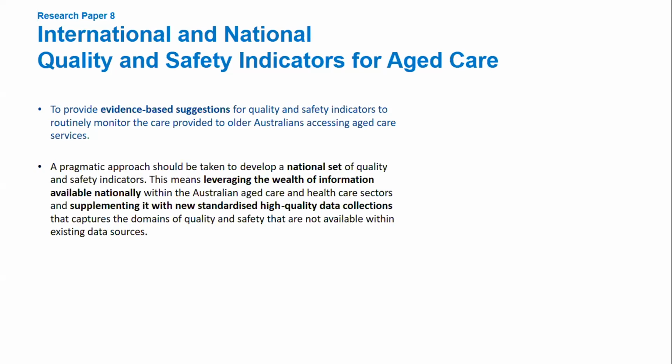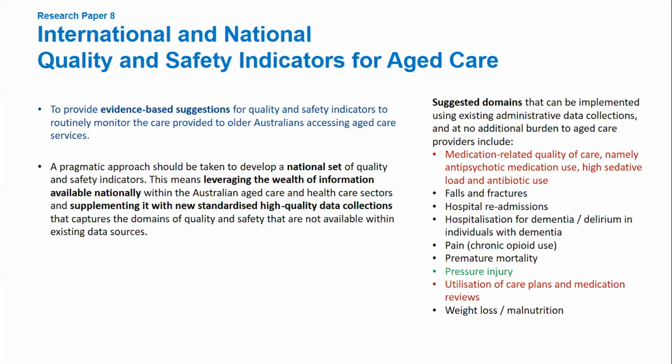One of the recommendations that they made was that a pragmatic approach should be taken to develop a national set of quality and safety indicators, and that this means looking at what's already available nationally and supplementing it with new standardised high quality data collections.